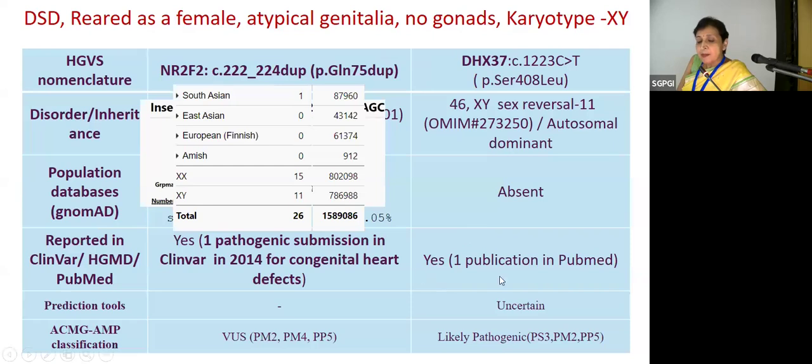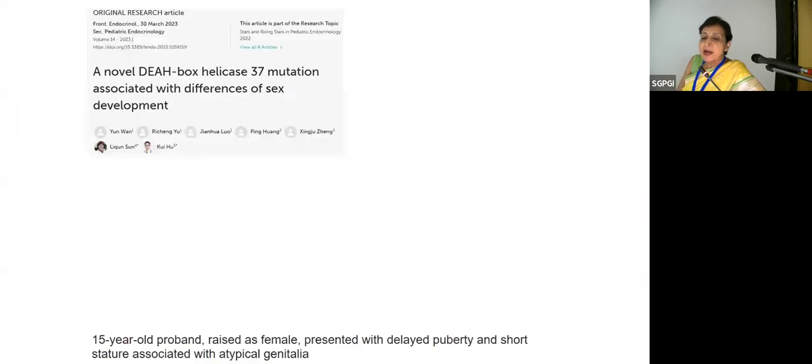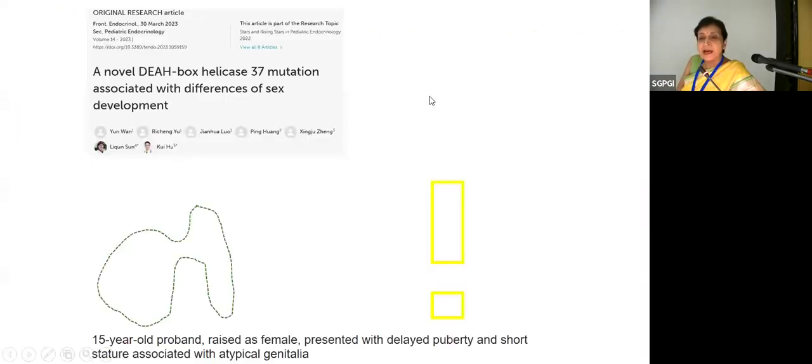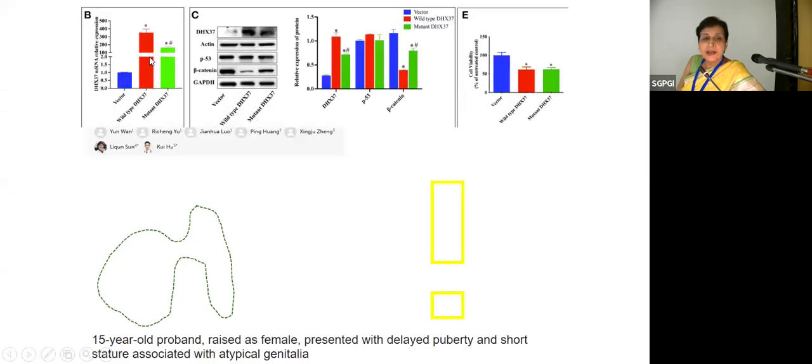And one important publication is there. But if there is only one publication, you should read the publication and find out. So this particular publication showed that this variation decreases the protein as well as the mRNA. So that means this is real. This variation is really causing loss of function.